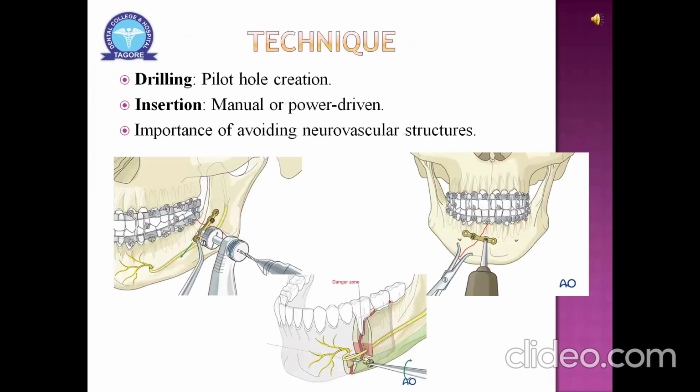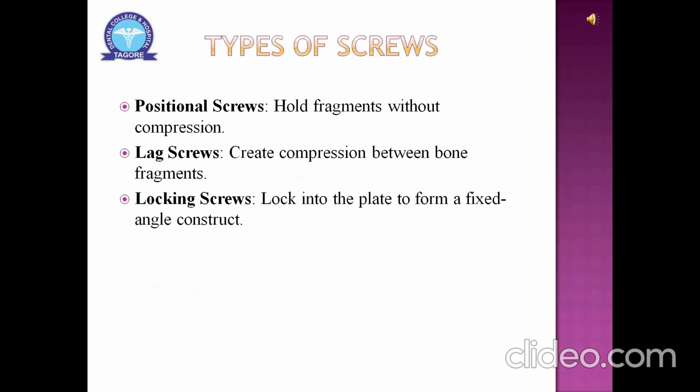The technique for screw insertion begins with drilling with a pilot drill, followed by insertion of the screw either manually or power-driven. The principles of screw fixation must be kept in mind to avoid neurovascular structures. Types of screws used in rigid fixation are positional screws that hold the fragments without compression, lag screws that create compression between the bone and fragments, and locking screws that lock into the plate to form a fixed-angle construct.